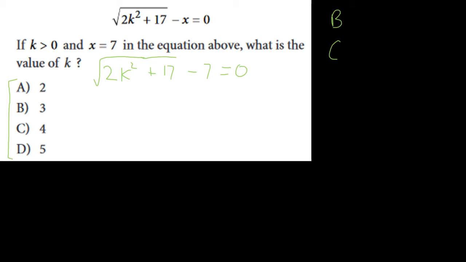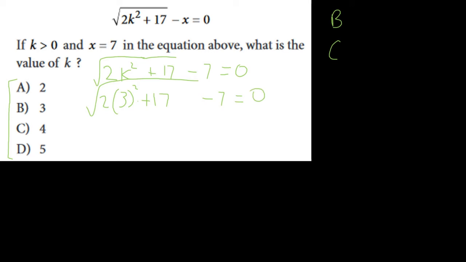So if I'm going to plug a 3 into here, as what we're going to try first, so 3 squared times 2 plus 17 minus 7 equals 0. So we try that out. I'm going to do the math.